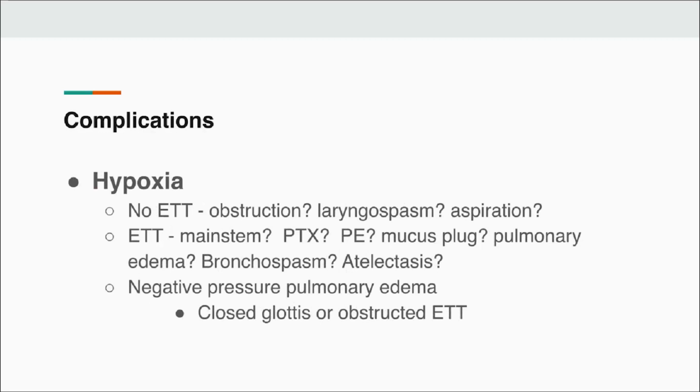So if you can imagine, if they bite down on the tube and their diaphragm contracts and creates a negative intrathoracic pressure and air can't follow that negative intrathoracic pressure because the tube is obstructed, then interstitial fluid actually gets pulled into the lungs and into the thorax, and it can cause some pretty significant pulmonary edema and hypoxia to the point where the patient might be in distress and might need to remain intubated. And we typically treat that with some diuretics and some time.